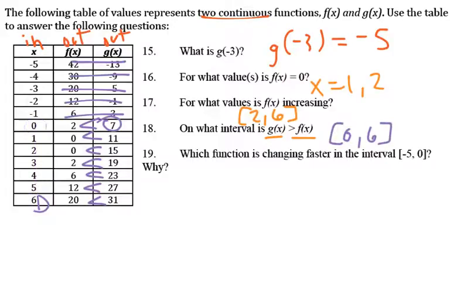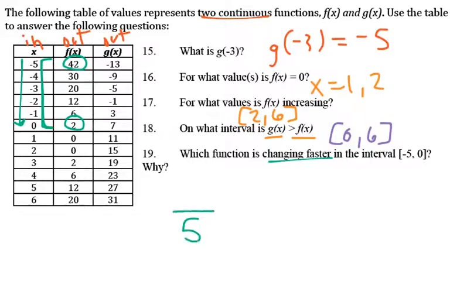Okay, which function is changing faster in the interval negative 5 to 0? So changing faster, not getting bigger, not getting smaller, changing faster. So from negative 5 to 0, so this interval, these numbers. Well, f of x goes from 42 to 2. So in 5 x's, this is kind of like the slope idea, y over x.